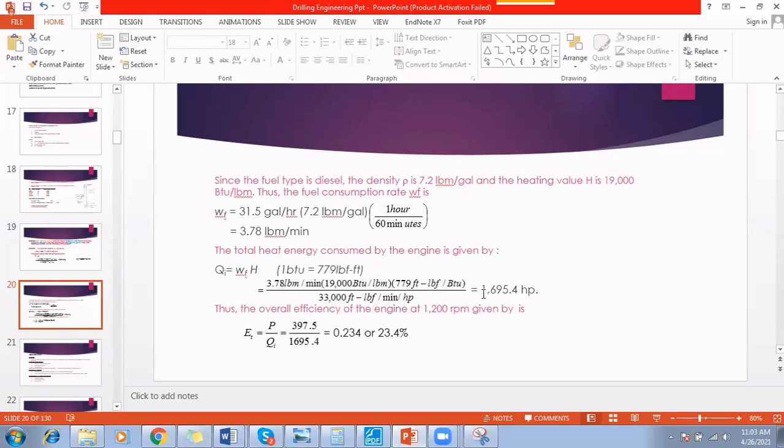After this calculation, you will have the input power and output power, and you just need to take the ratio, and you will have the overall efficiency of the engine.